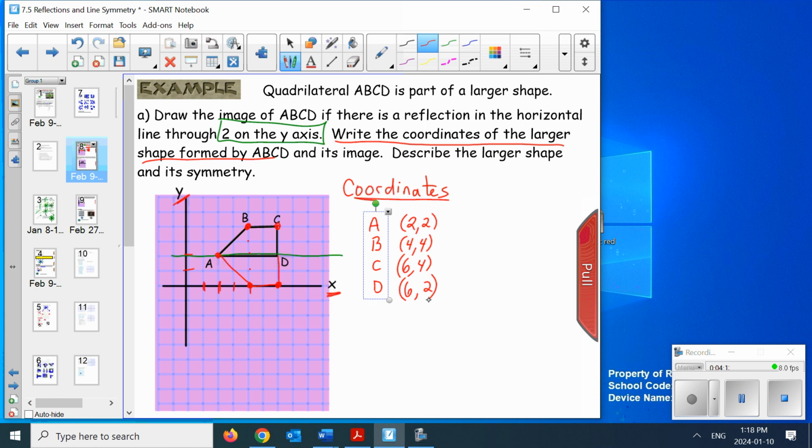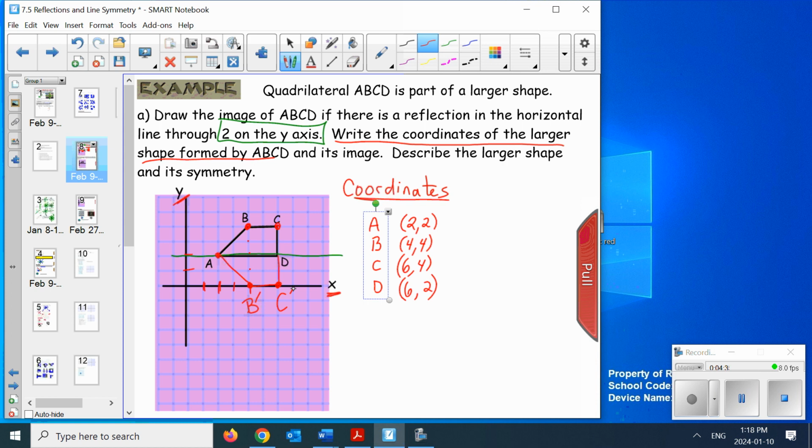Now, when I reflect, A and D stayed in the exact same spot. So I won't give them a special name, but B's reflection, we're going to call B prime. And then C prime. It's like a little tick mark. Actually, you know what?